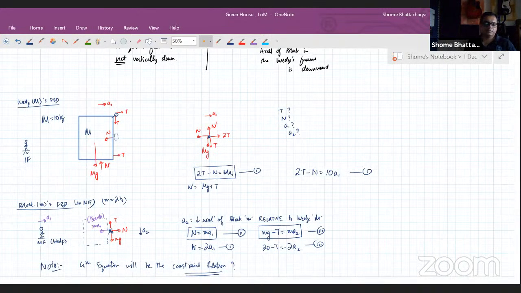Now, what is the relationship between A1 and A2? Can anyone tell me that? Just apply thread length conservation in the original diagram. You will get it very easily.